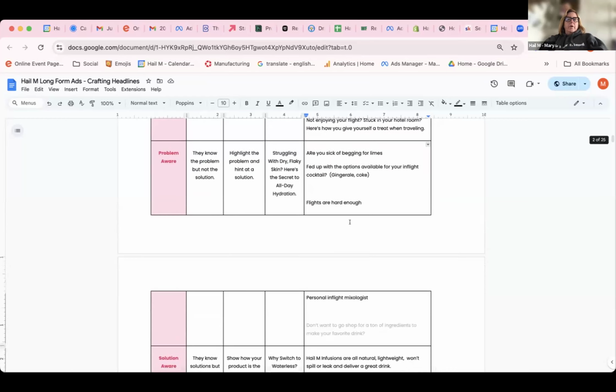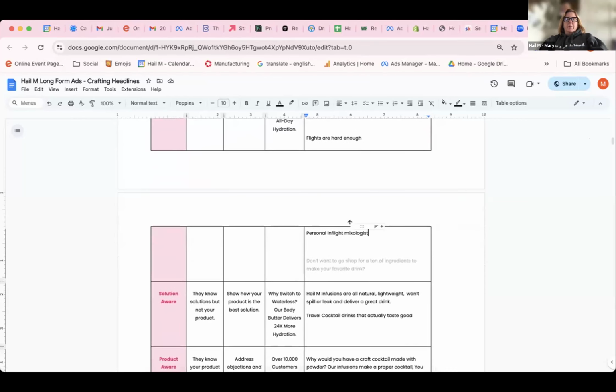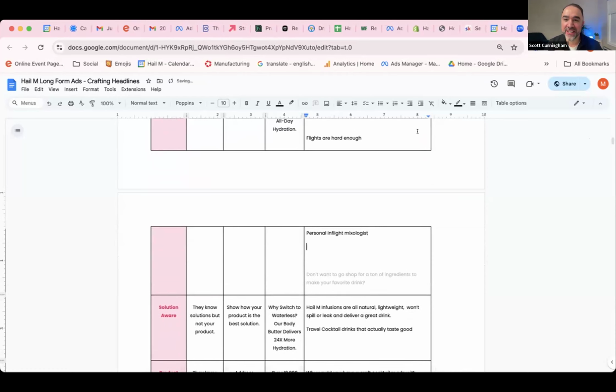Okay, great. So I'll work on these and flesh them out a little bit more. And again, Jessica's line, you want to talk about the unique mechanism: not messy, doesn't have to be mixed. I think what you want to do, Mary, and I'm sounding like a broken record, is those unique mechanism headlines.